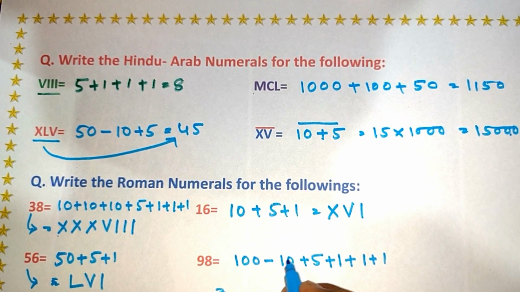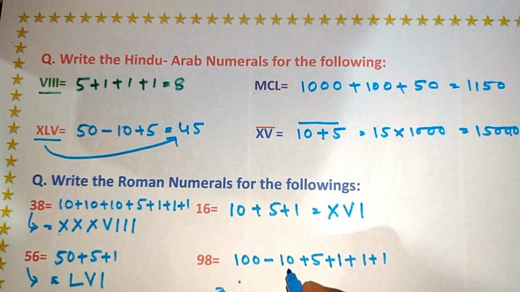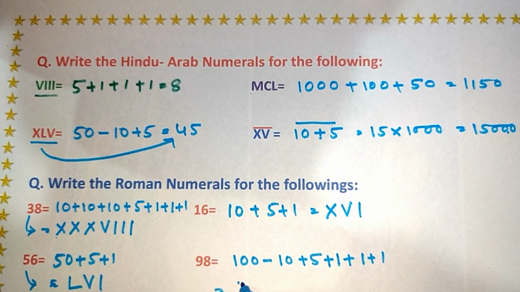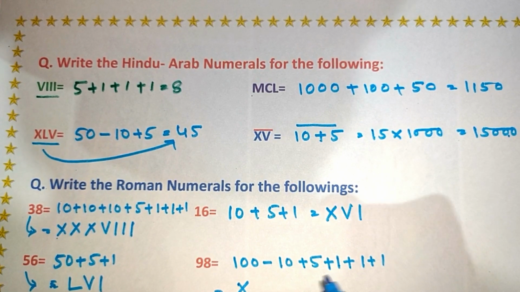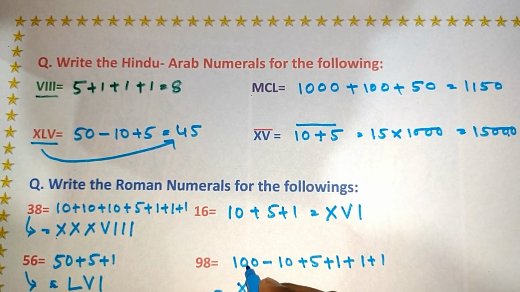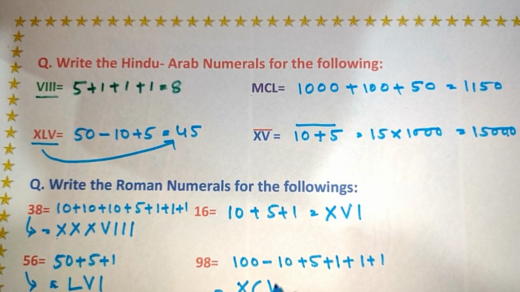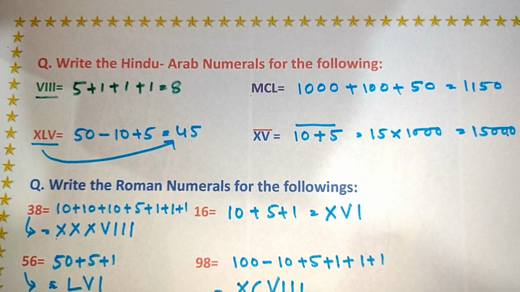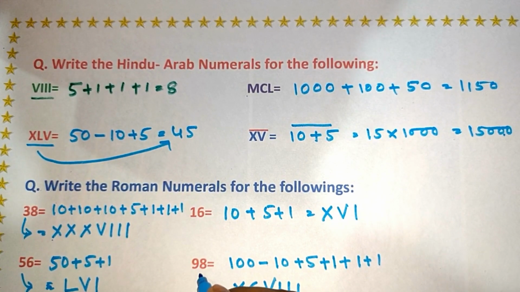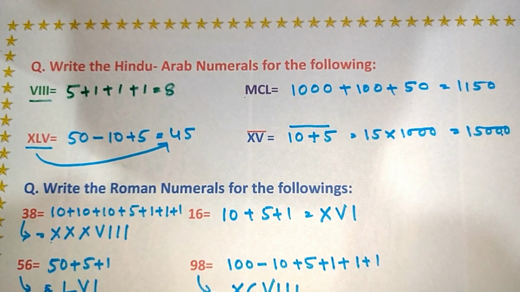So here we have subtracted the value of 10 from 100. That means the 10 will be written before the 100, that is C. Then 5 will be represented by V and this is III, that is I. So 98 will be represented by XCVIII.